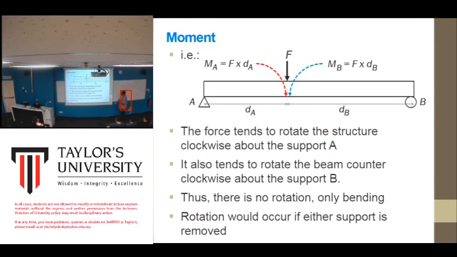So in order to find the reaction at one point using the moment concept, you need to imagine that there is only one support to make it rotate.